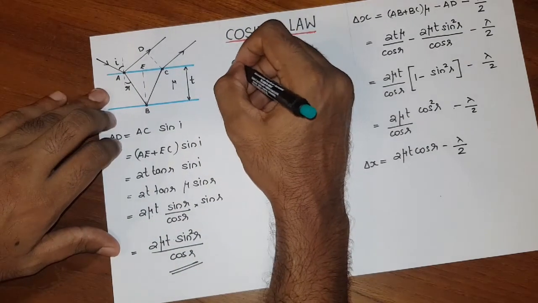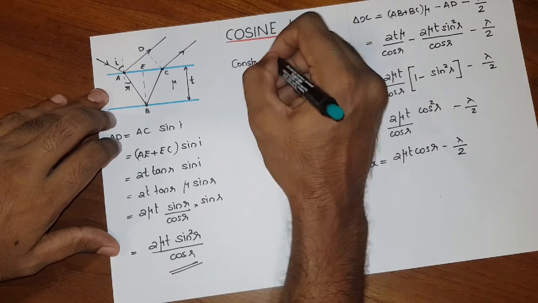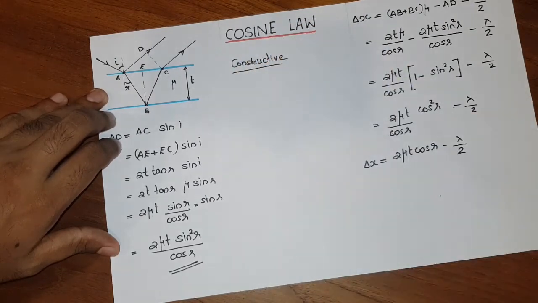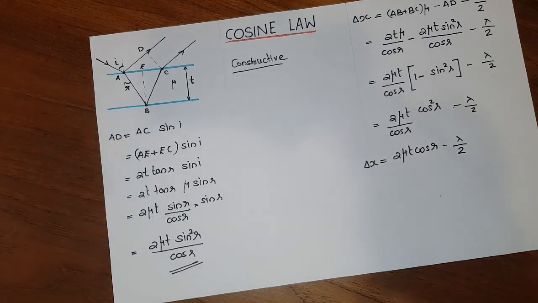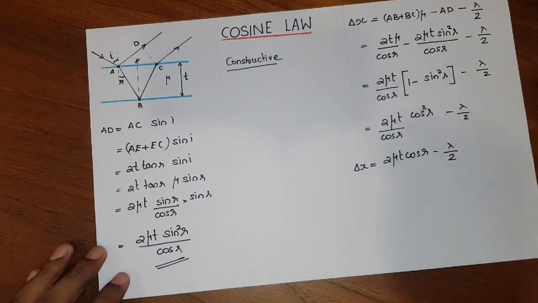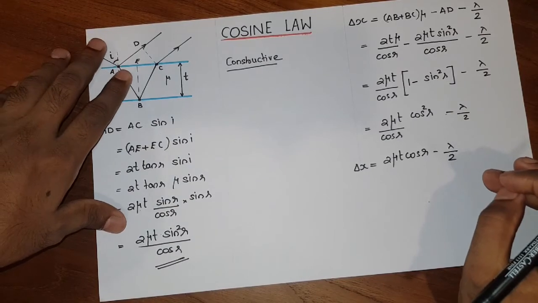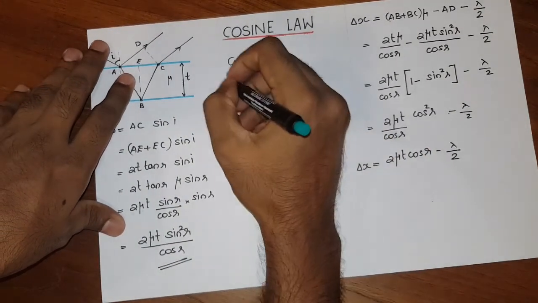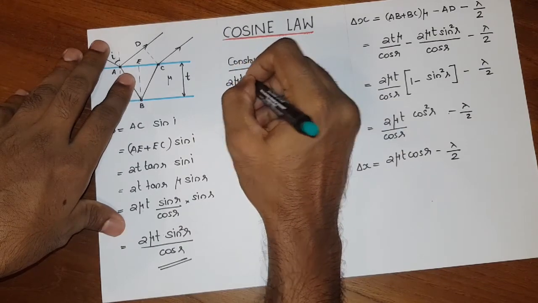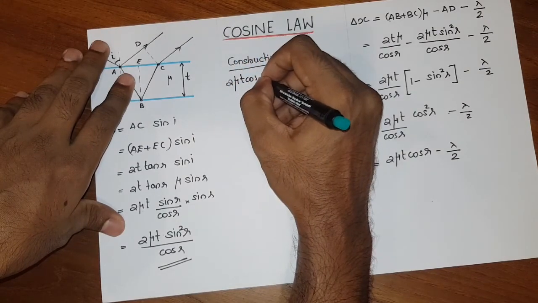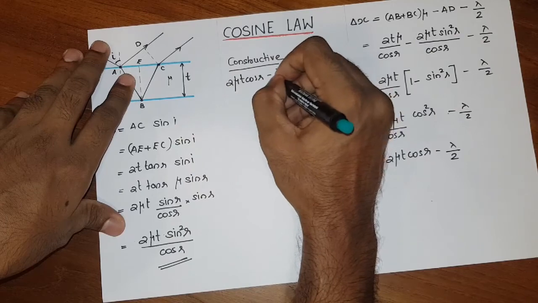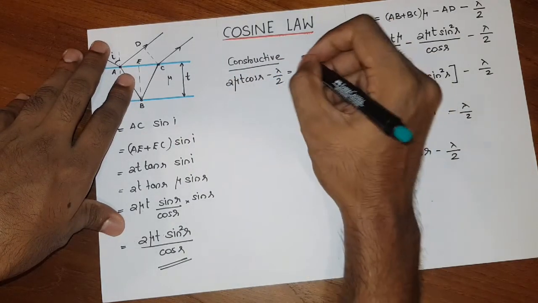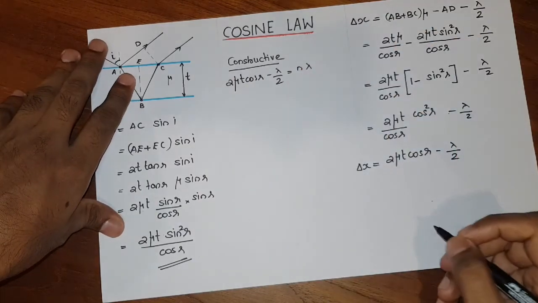So for constructive interference to happen, we can substitute the value of delta x. So 2 mu t cos r minus lambda by 2 equal to delta x. And what is the value of delta x for constructive interference? That is nothing but n lambda.